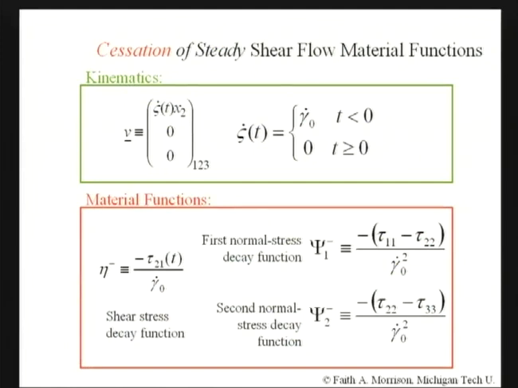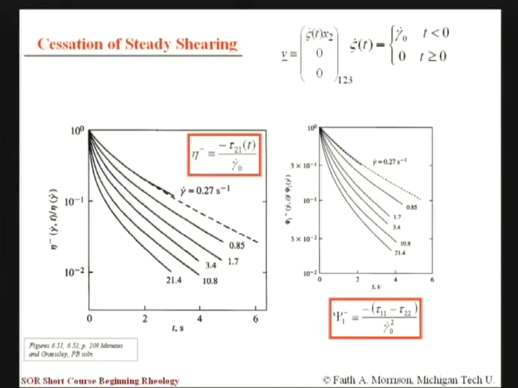We also looked at cessation of steady shearing, which is a very similar flow where you shear at times below 0 and then suddenly stop. And there are 3 transient stress quantities. And the prediction we looked at is also given in the book, but I believe we discussed it in our notes last time, that it steps down instantaneously.